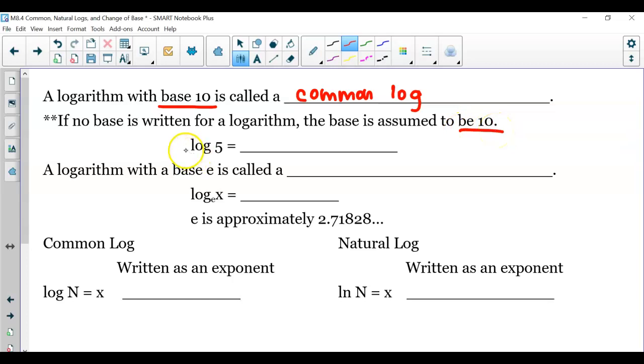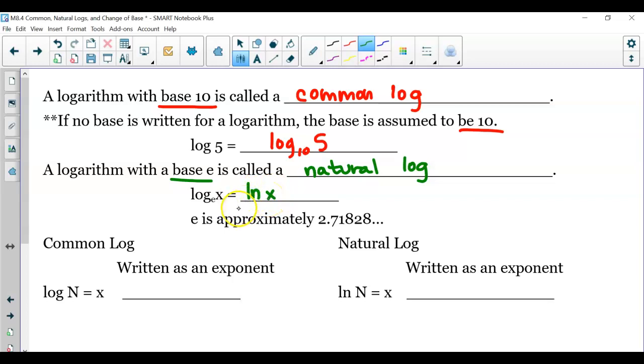Like here, it just says log 5. Well, this log of 5 is the same as log base 10 of 5. Again, it's understood to have that base of 10. Now, a logarithm with a base e is what we're going to call a natural log. So if I have log base e of x, this is the same as a natural log.